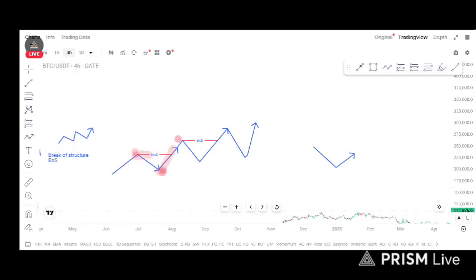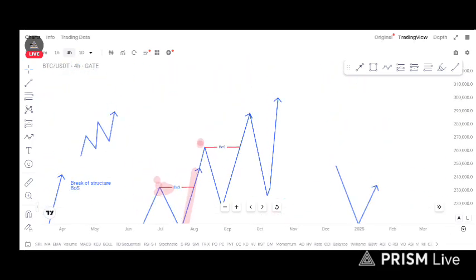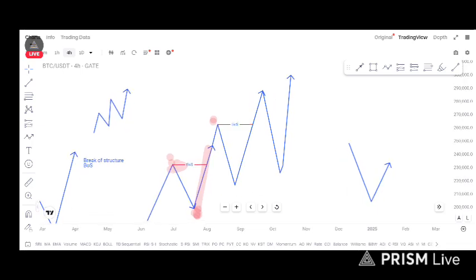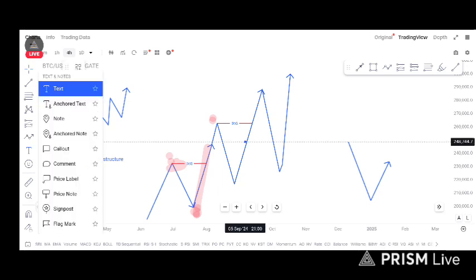So after every pullback, there must be a continuation. So far, say the market is in an uptrend. We have started seeing a series of higher highs and higher lows.